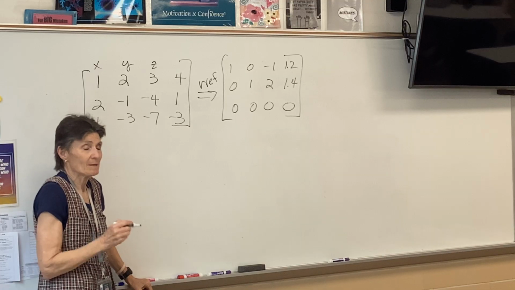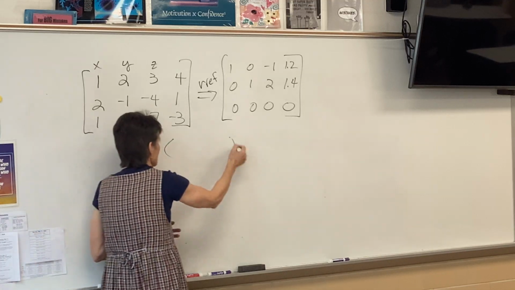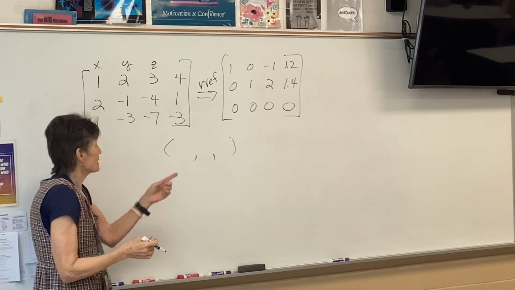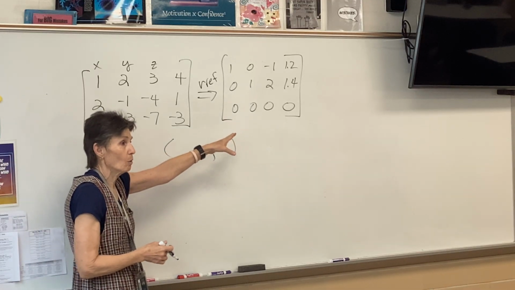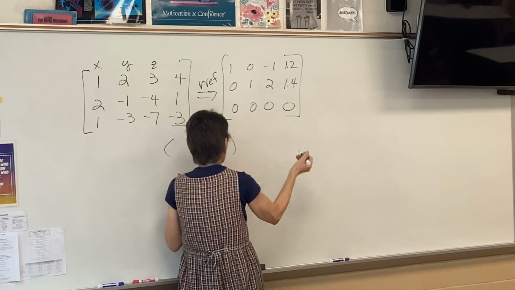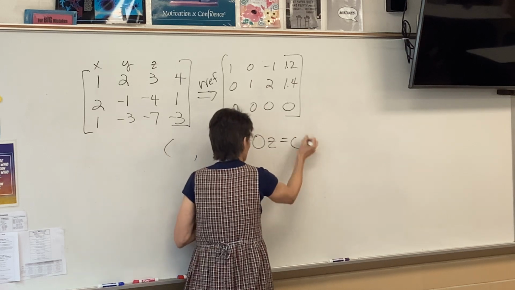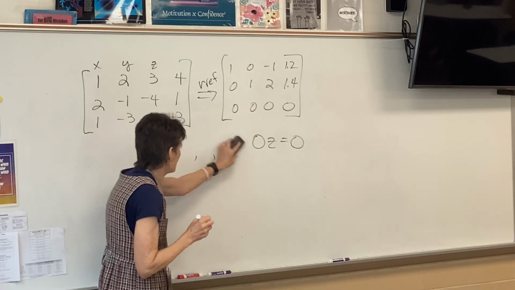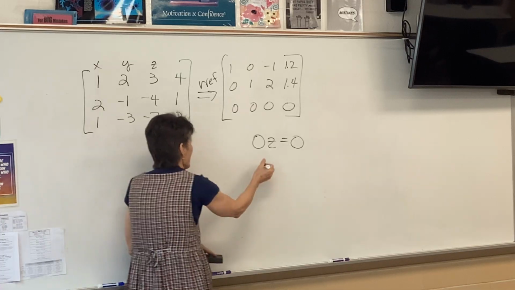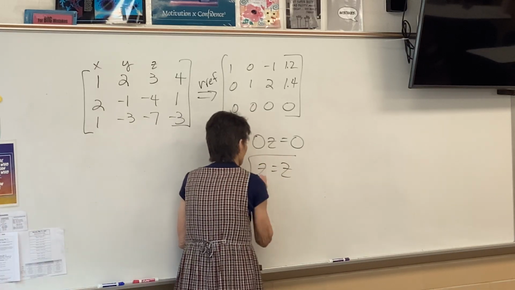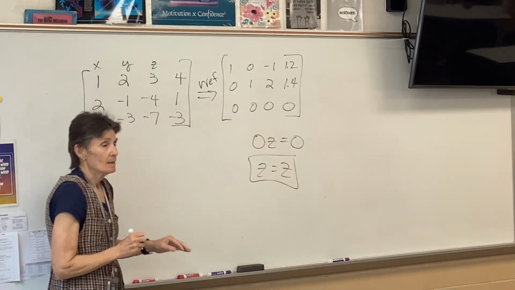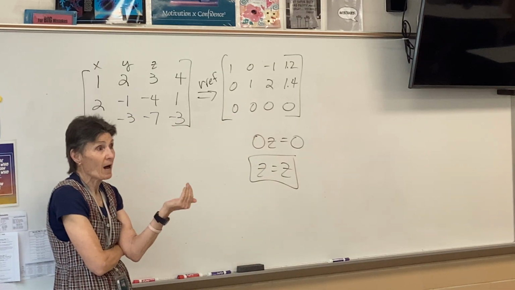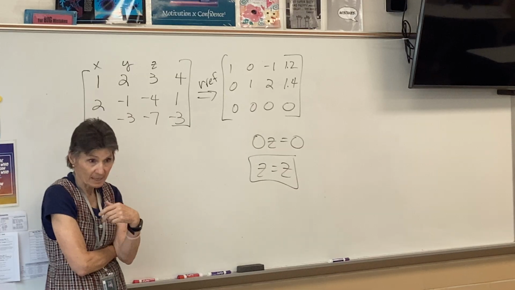I'm not gonna be able to say a normal answer would look like this, because the bottom row literally says 0z equals 0, which means Z can be anything. And then X and Y will be defined in terms of Z.